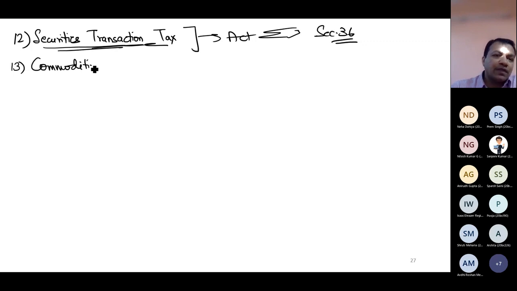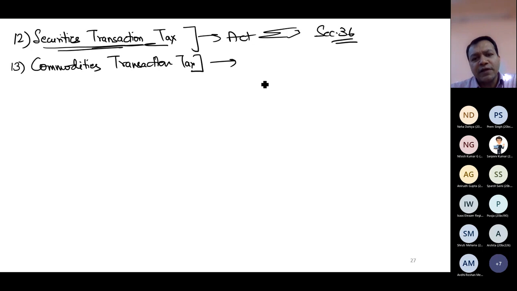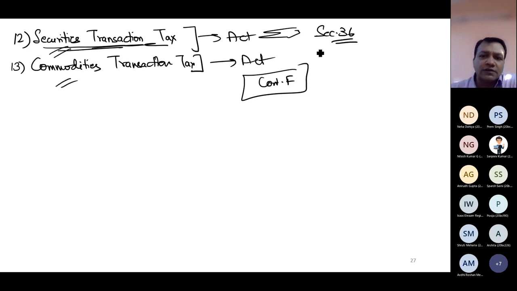These two I'm giving for you to read from the act. When you read the act, just type Control F and then you can write this word, securities or commodities. Directly you will be sent to that clause. Read yourself. And now we have covered section 36.